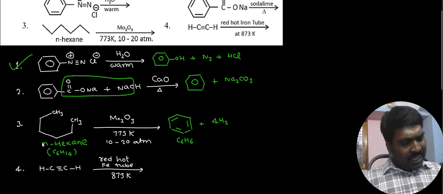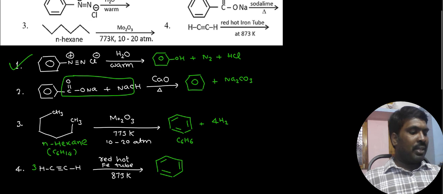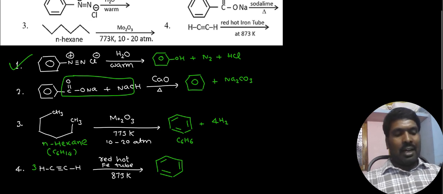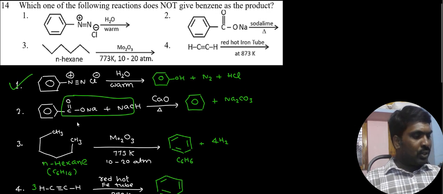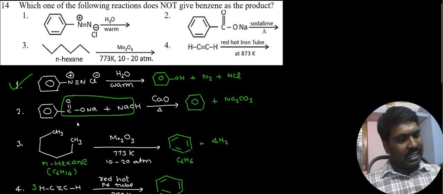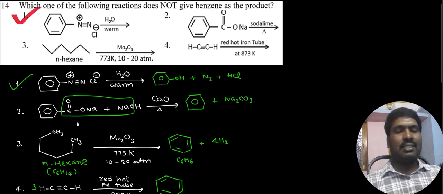Next, acetylene: when 3 moles of acetylene undergo polymerization in the presence of a red hot iron tube at 873 Kelvin, we get benzene. So options 2, 3 and 4 give benzene, but option 1 gives phenol. So option 1 is the right answer.